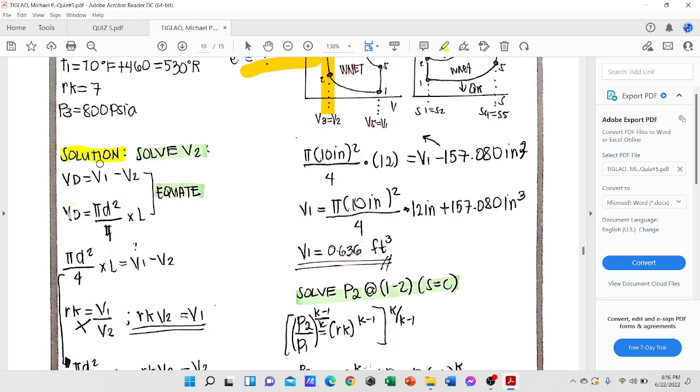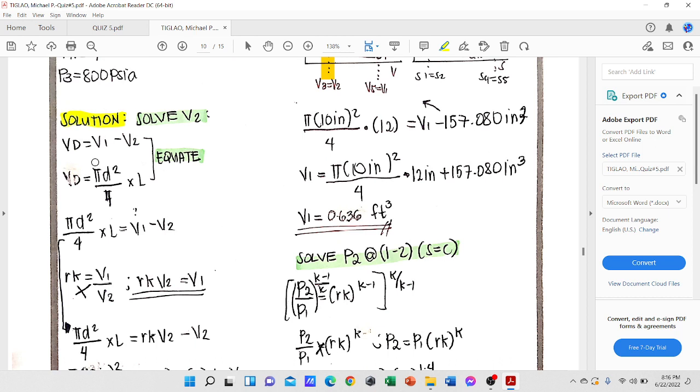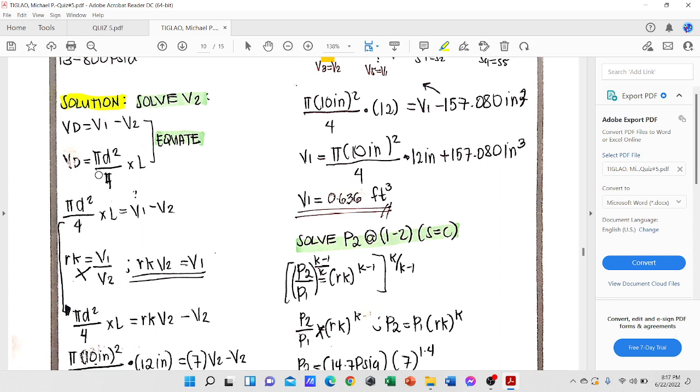In my solution, I first looked for volume 2. The formula I used is VD equals V1 minus V2. And we also have another formula for the volume displacement of an engine: VD equals pi d squared all over 4 multiplied by the length.